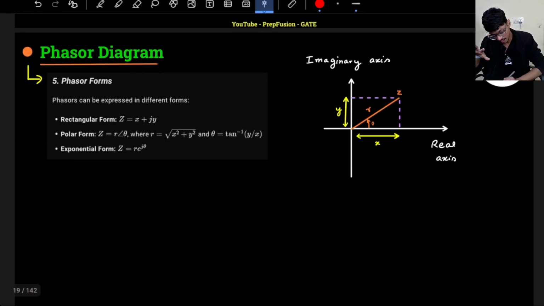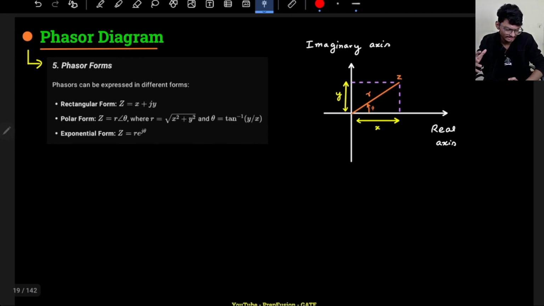The phasor form I have already discussed. A phasor can be written in many formats, just as a complex number has a number of forms. The same is true for a phasor. The only difference is that this point z is not a point anymore, it represents a sinusoid.